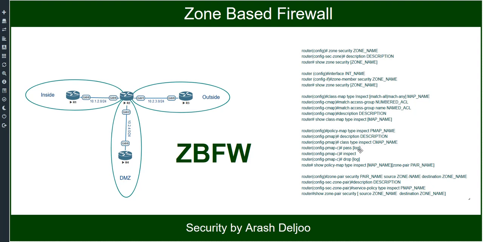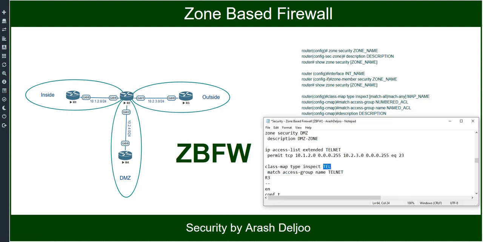Here we have three: pass, inspect, and drop. Pass means please pass the traffic. Inspect means please pass the traffic and keep the state of the traffic. It means that if traffic from the inside goes to the outside, the state of this traffic is saved in router 2, and router 2 should then allow the response of this traffic from outside to inside. This is inspect. And drop means drop.